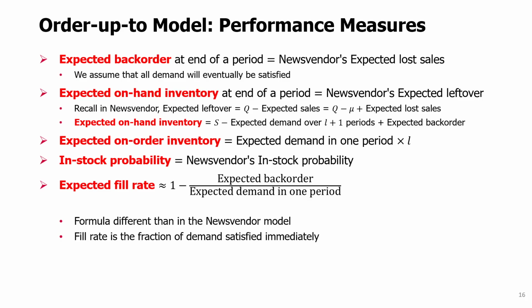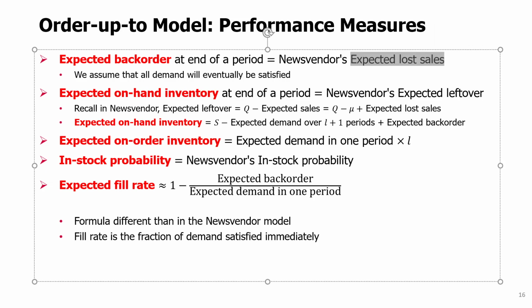So if we assume that the order up to model can be solved using the same logic as the newsvendor model, we can try to get some of the newsvendor's performance measures and try to understand what they mean for the order up to model. In the newsvendor, the first performance measure we calculated was expected lost sales. Now this measure means expected backorder at the end of the period, right?